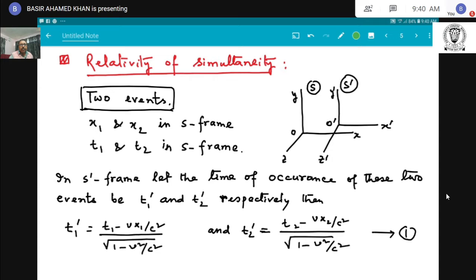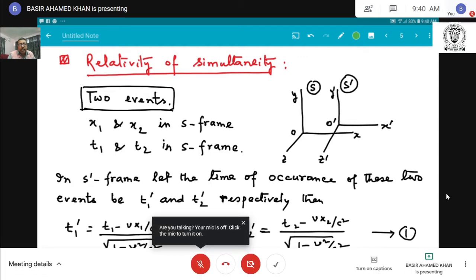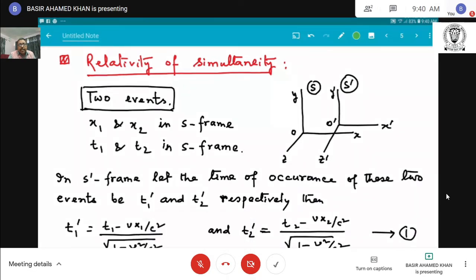Now, relativity of simultaneity. Suppose two events occur in S frame at positions x1 and x2 and times t1 and t2. And suppose in S dash frame these two events occur at times t1 prime and t2 prime respectively.